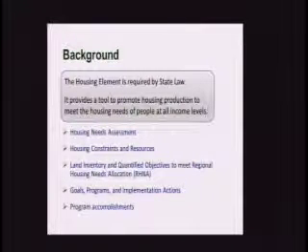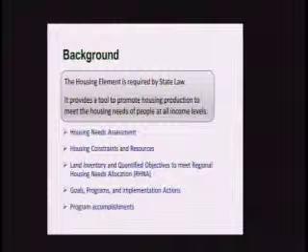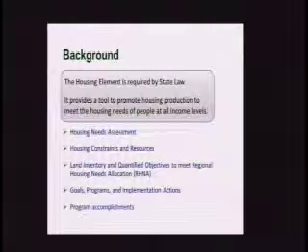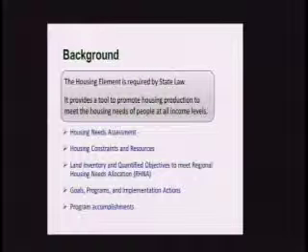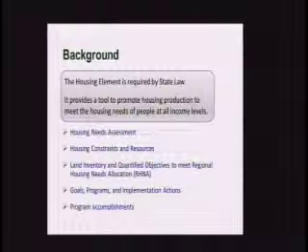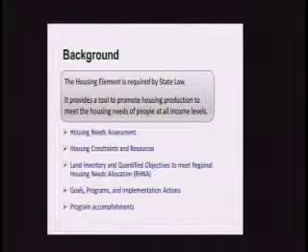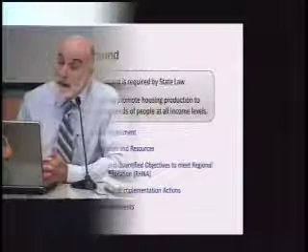There's a housing needs assessment, which essentially looks at current and projected demographics, housing conditions, and what the needs are of special groups such as female-headed households, extremely low-income households, people with disabilities. Another section is the housing constraints and resources.